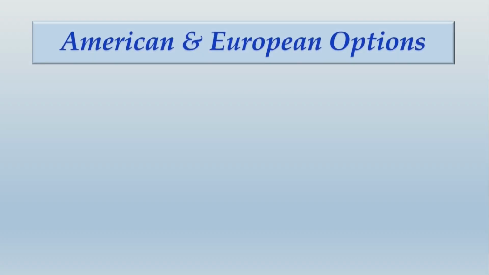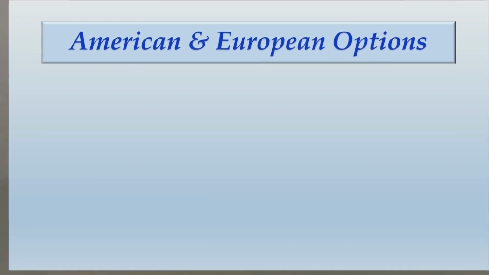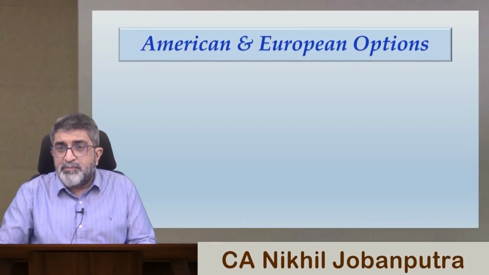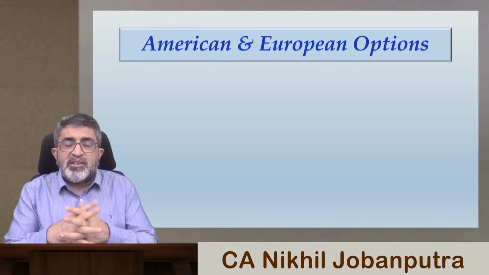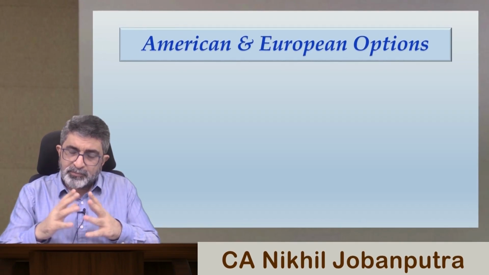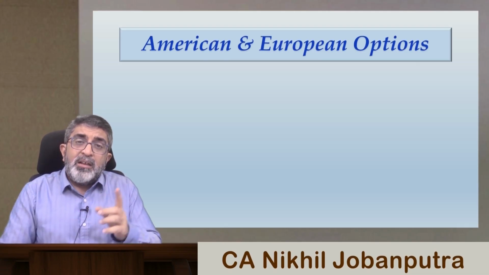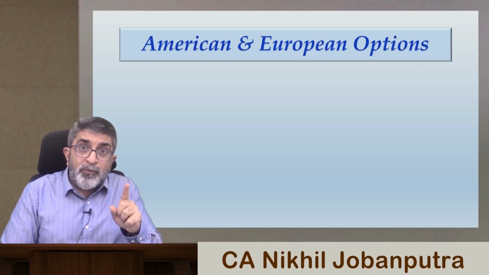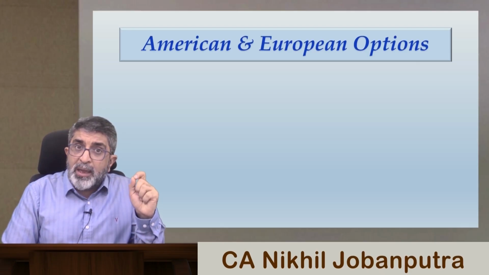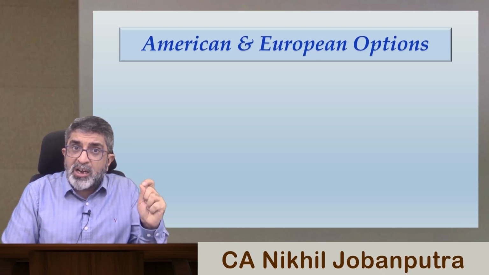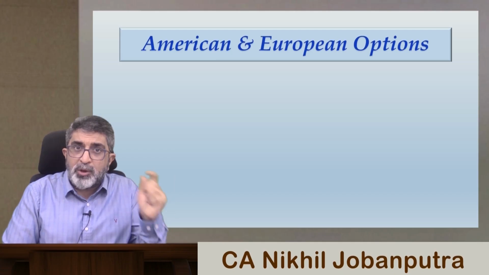American and European options. Now this is something very important again. American options and European options. These are basically the styles of options and you need to be extremely clear with what are American options and what are European options.